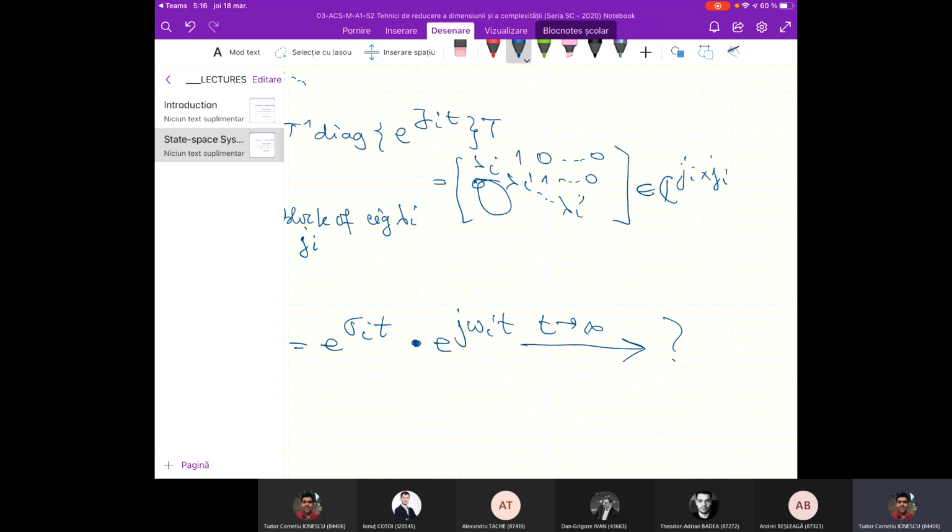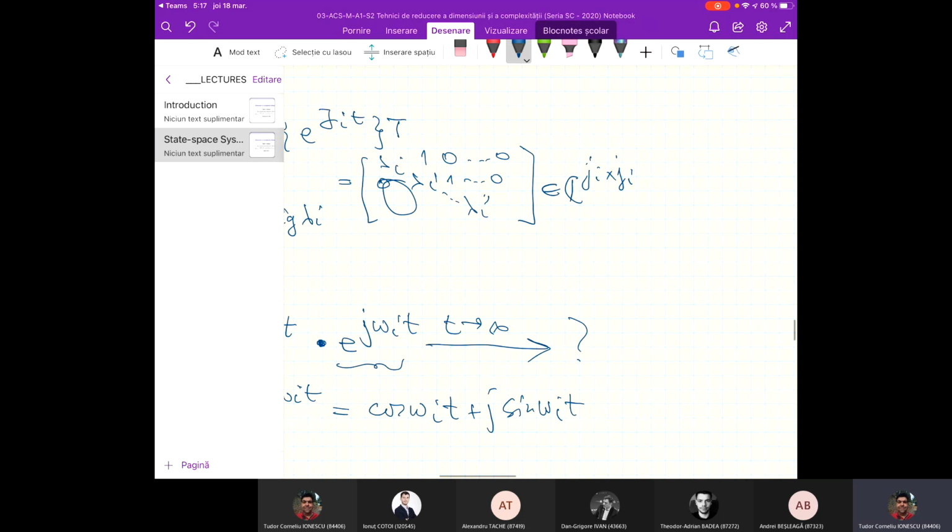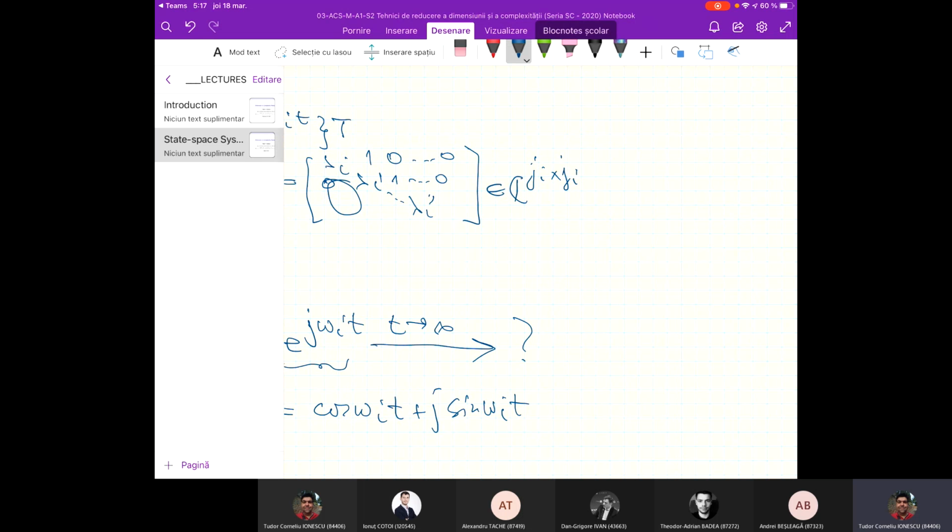Let's first investigate the complex term. e to the power j omega i t, I remind you from complex numbers, is cosine omega i t plus j sine omega i t. So what is the limit when t goes to infinity of the exponential of j omega i t?